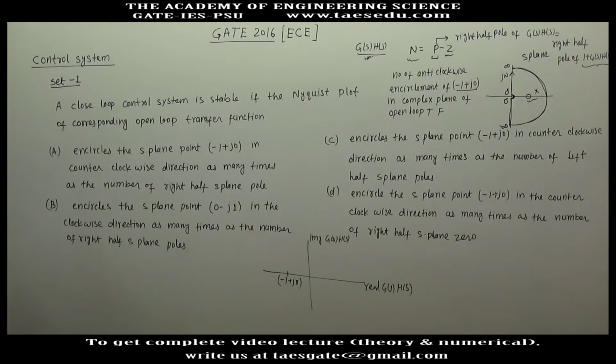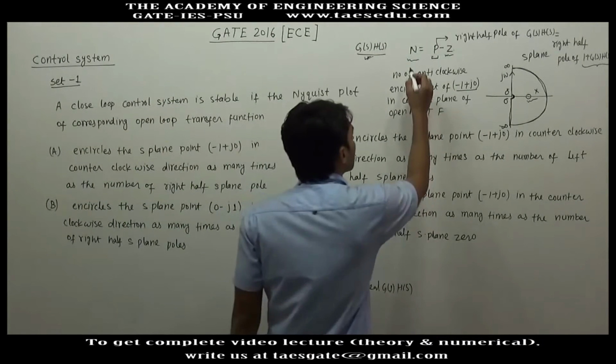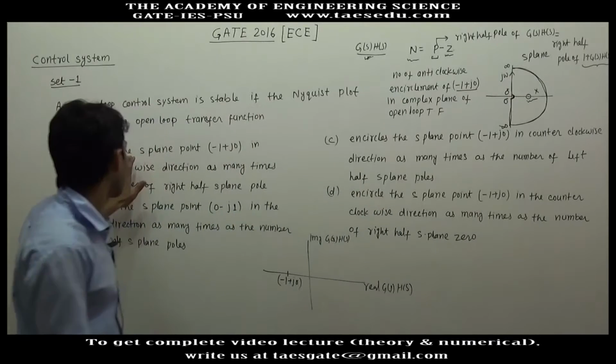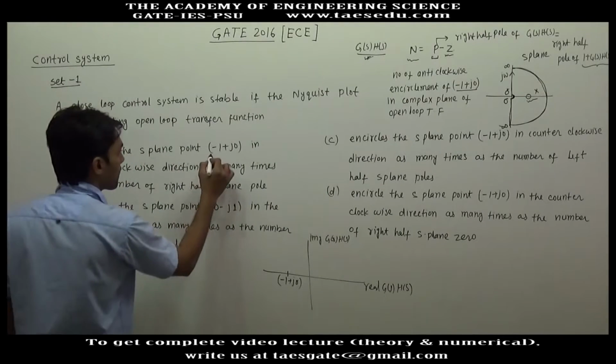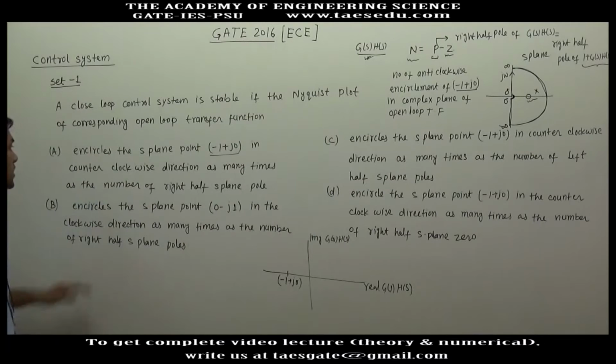So coming to option A, a closed loop control system is stable if the Nyquist plot of the corresponding open loop transfer function encircles the s plane point -1 plus j0 in the counterclockwise direction as many times as the number of right half s plane poles.